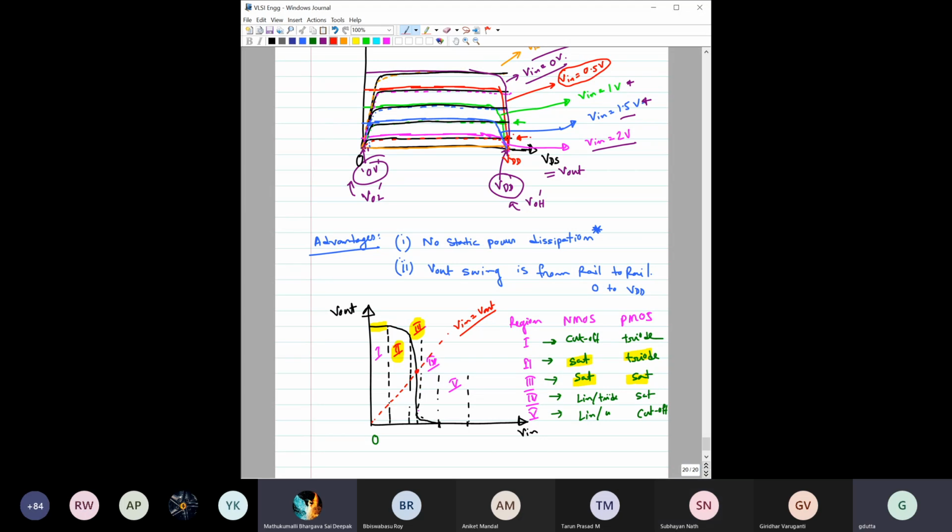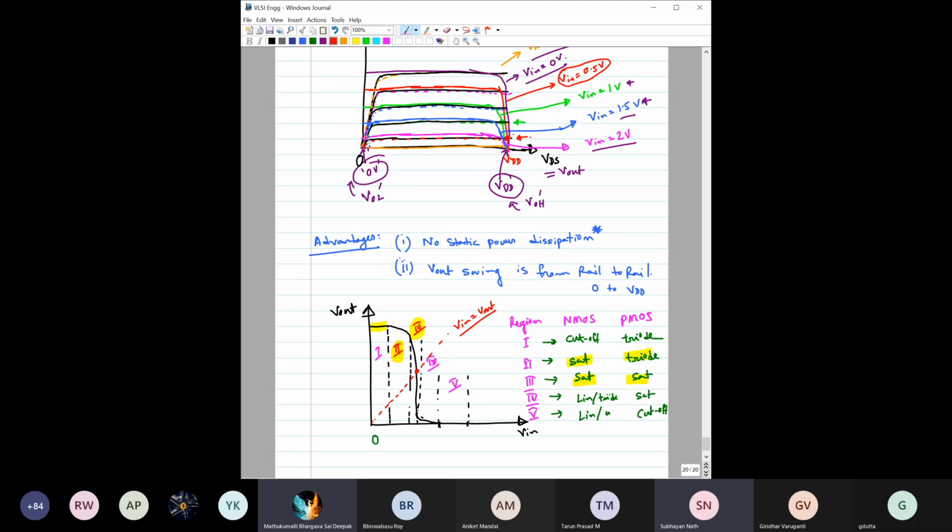Sorry, could you please explain it again? I think I missed the first point. The point where the two graphs meet will be the switching threshold VT. But how do you find it analytically? I have the equation of both, with both the transistors in saturation. So Kn into (VGS minus VTH) square equal to Kp into (VDD minus Vin minus mod of VTH) square.